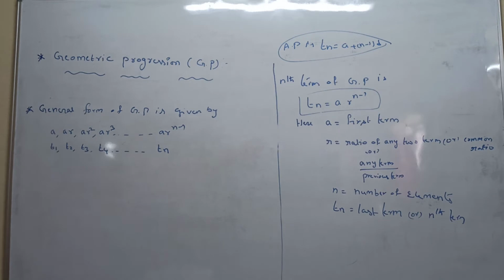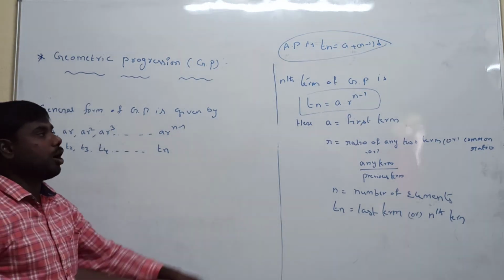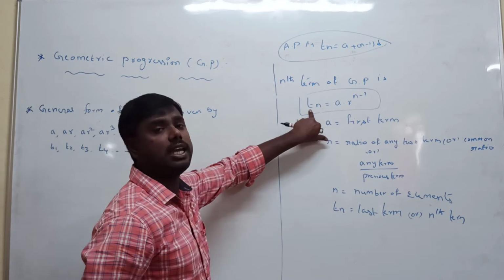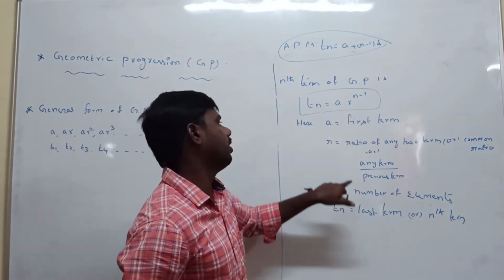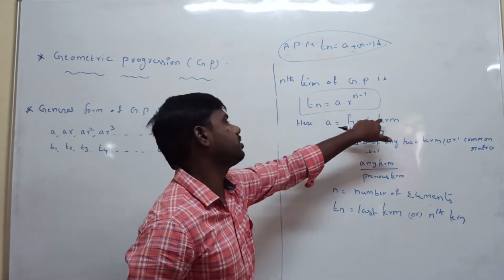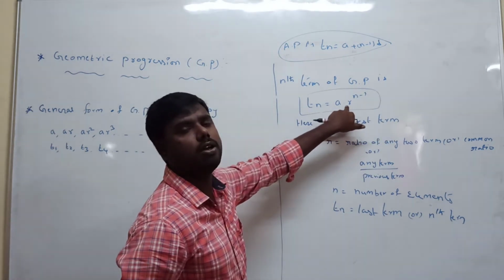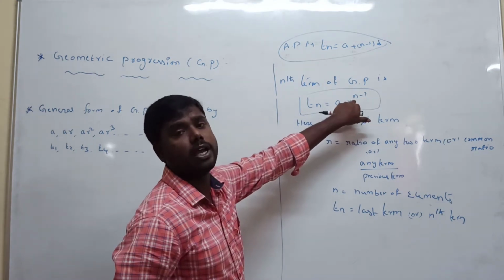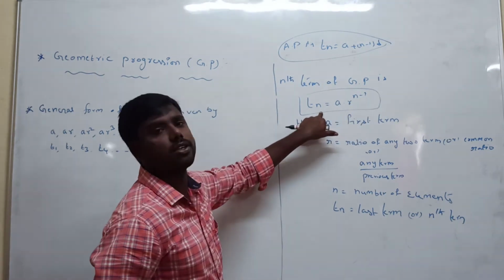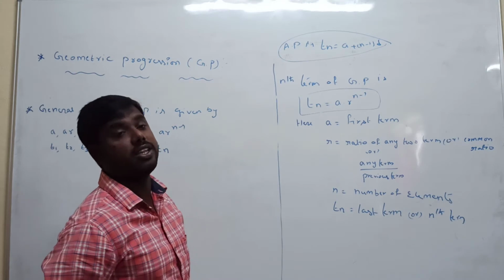One more definition: the ratio between any two terms is the same, it is called geometric progression. The nth term is Tn is equal to A into R to the power of n minus 1. A is the first term, R is the common ratio, N is the number of terms, and Tn is the last term or nth term.